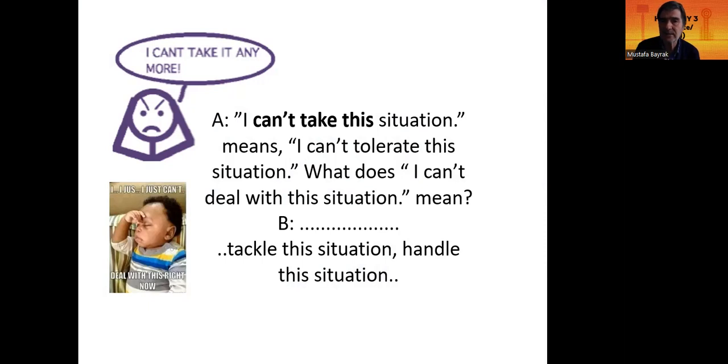It means I can't tackle this situation. I can't handle this situation. I can't get out of this situation. I can't rise above this situation.